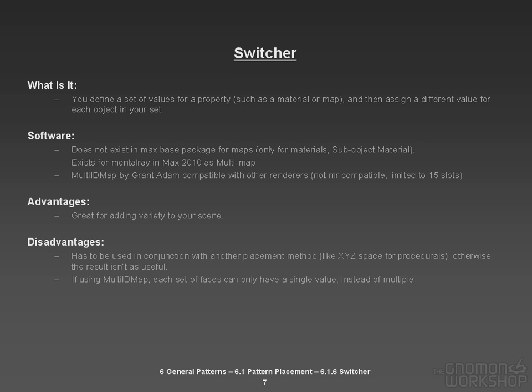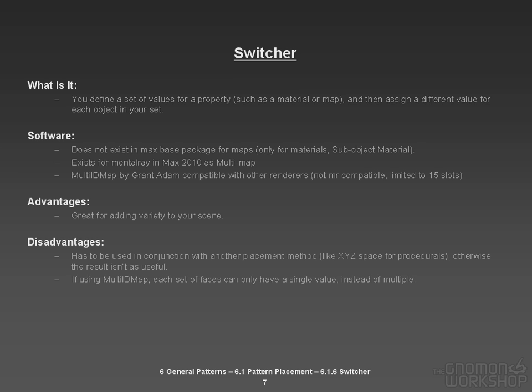And there is a plugin called Multi-ID Map by Grant Adam, which is a free plugin you can get on maxplugins.de, and it's compatible with all the other renderers, like the Scanline renderer and Brazil. But it doesn't work with Mental Ray, and also you're limited to 15 slots. So if you have more than 15 varieties of something, you can only use at most 15 of them.